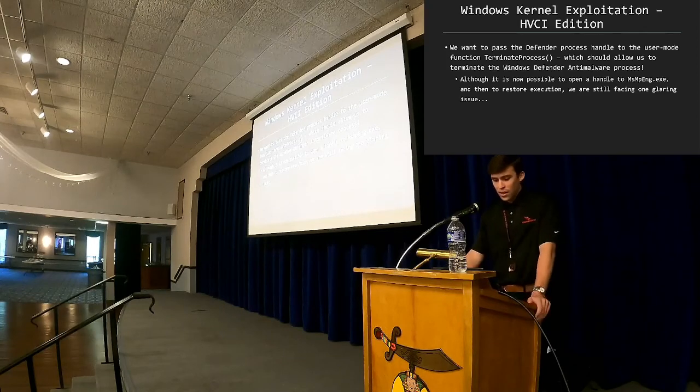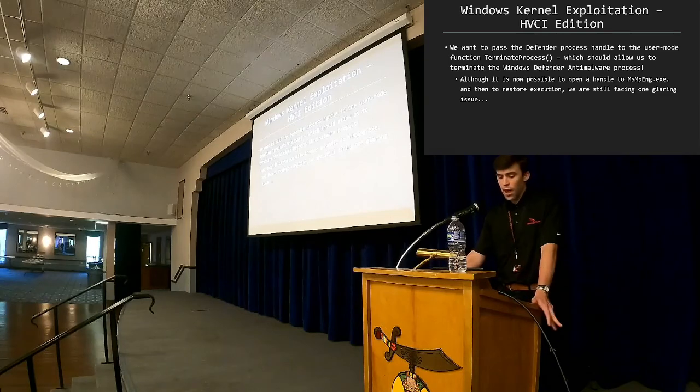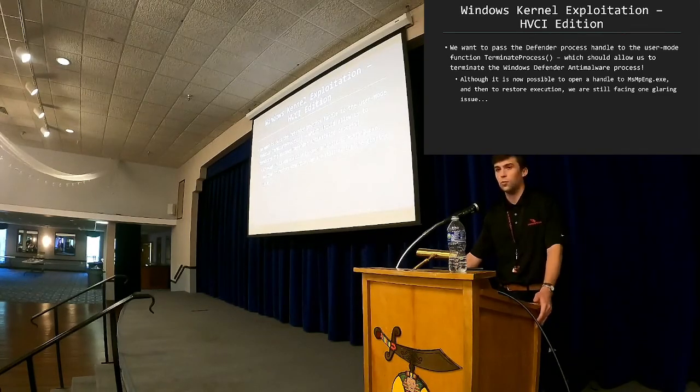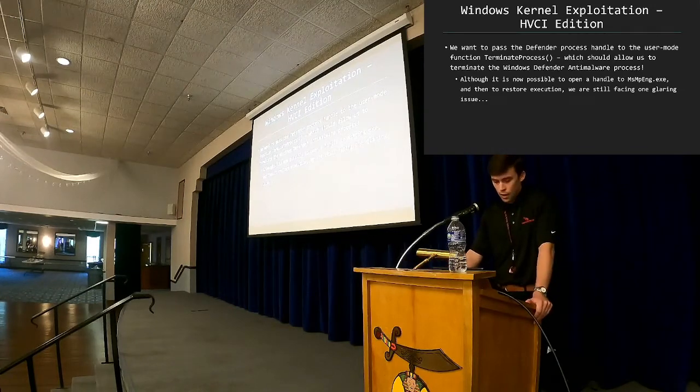So here is the last set of issues that we're facing here. And these are more just about the creativity of exploitation, not really HVCI. So we want to pass the Defender process handle to the function TerminateProcess, right? Because we want to terminate the process. Although we have a handle to the process, there is an issue that we're facing.